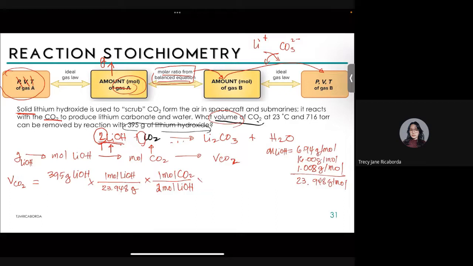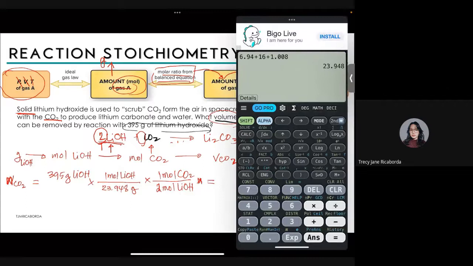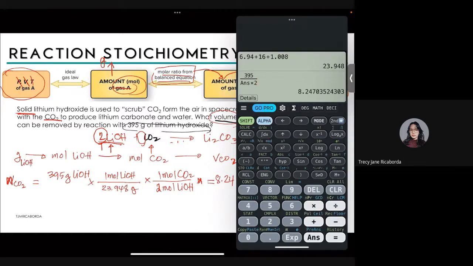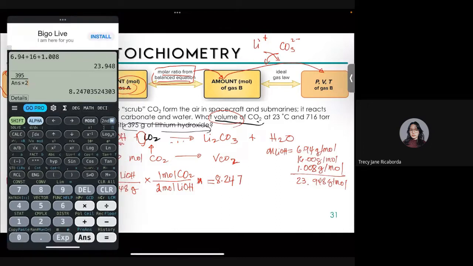So we take that, 395 over the molar mass of lithium hydroxide, times 2 in the denominator. So that's 8.247 moles of carbon dioxide.